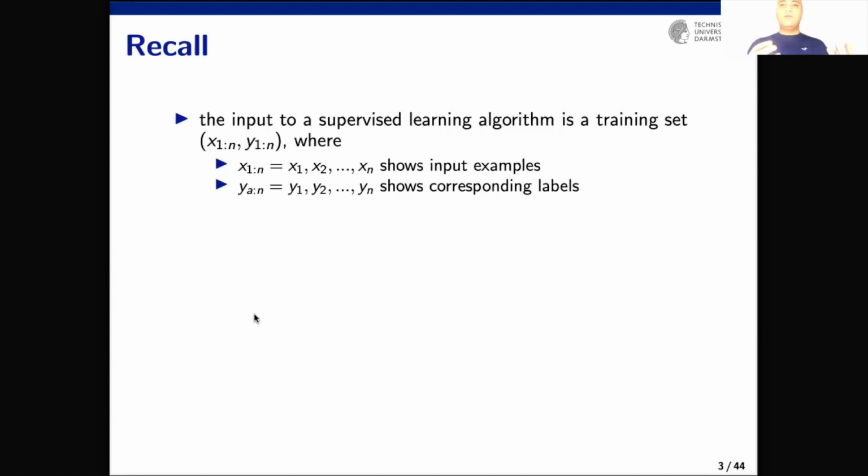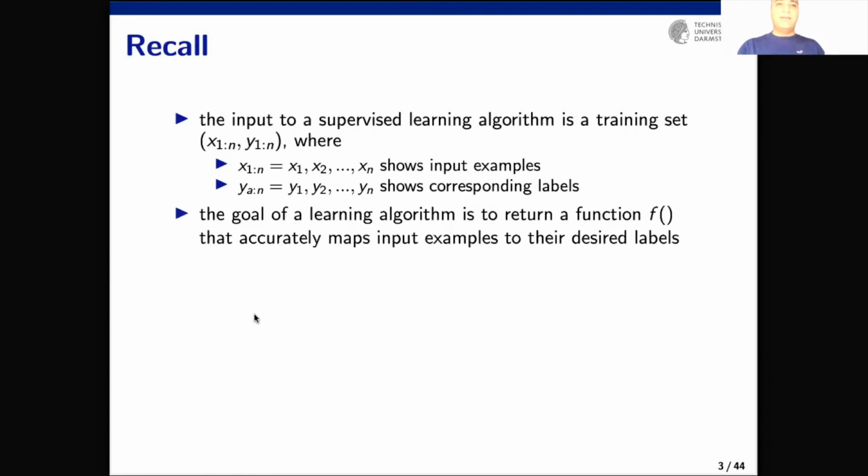So a supervised algorithm receives as input a pair of X and Y, X indicating the input examples, and Y indicating the true labels or true outputs that we expect our model to return when it sees input X. The goal of a learning algorithm is to return a function f.